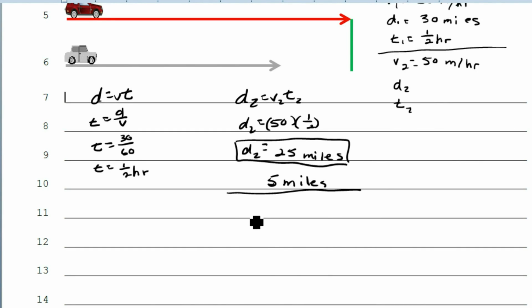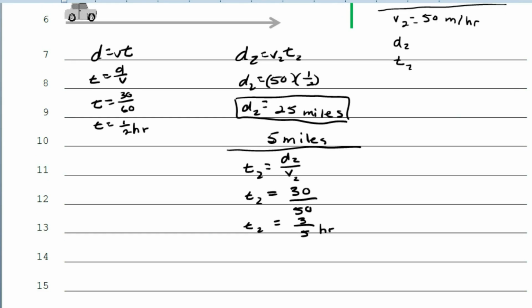So the total time it takes for car 2 to cover the 30 miles will be T2 equals D2 divided by V2, and D2 will be 30 miles divided by 50. So it takes car 2 3/5 of an hour to get there.